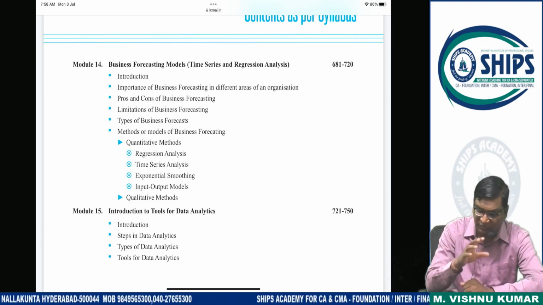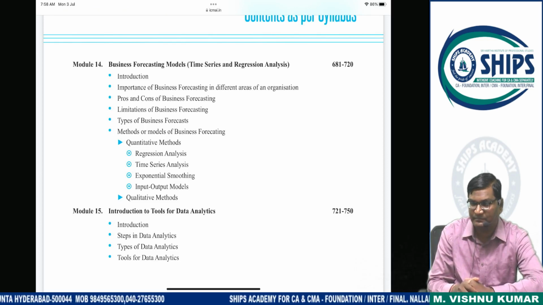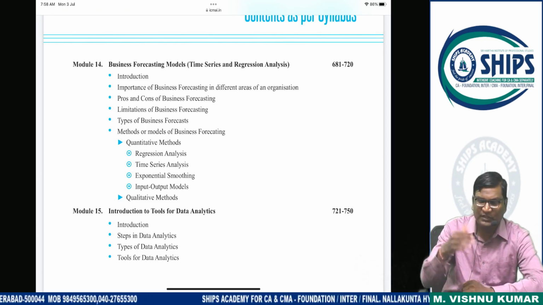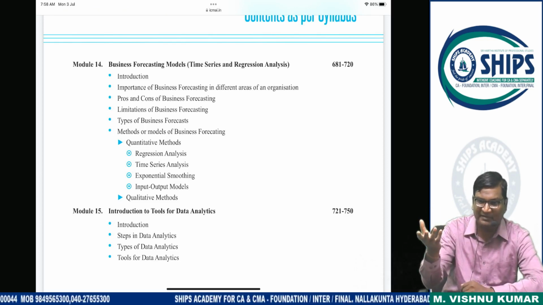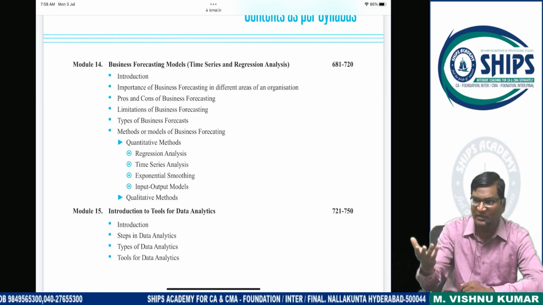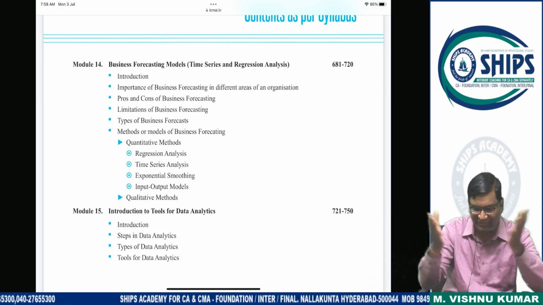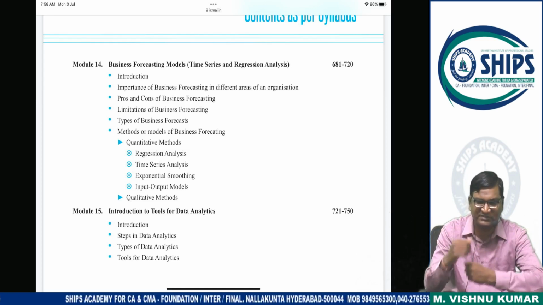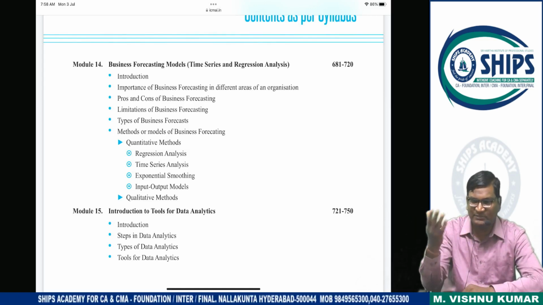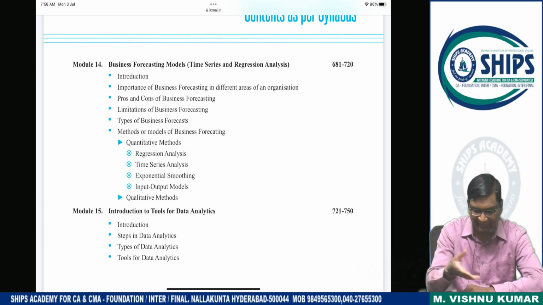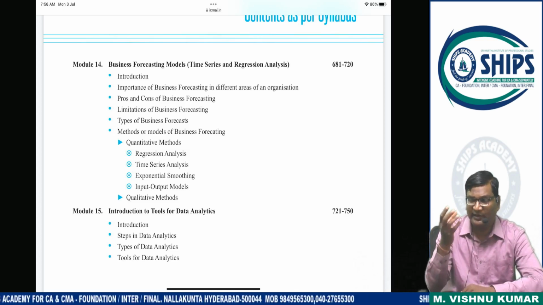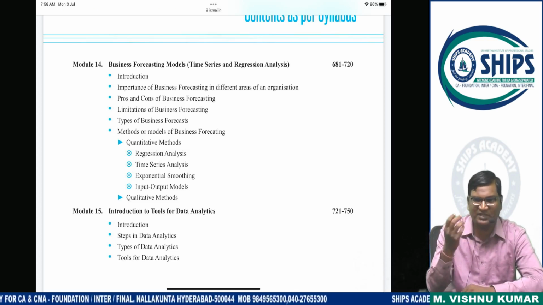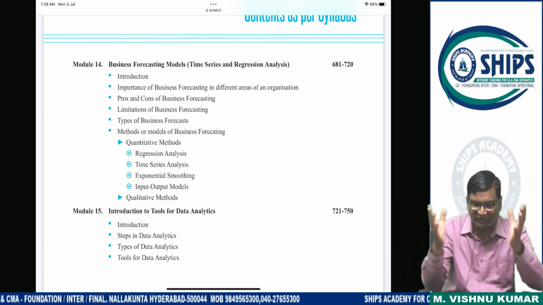Now why is this technique used in costing? If you estimate how much sale is possible in the future, according to that only you will arrange your resources. Why would you unnecessarily arrange your resources? If you estimate from time series how much sale is possible, according to that you will manage your resources and be ready for that.